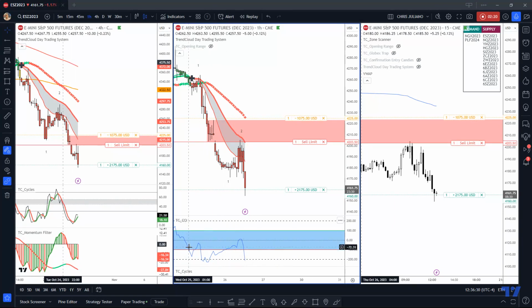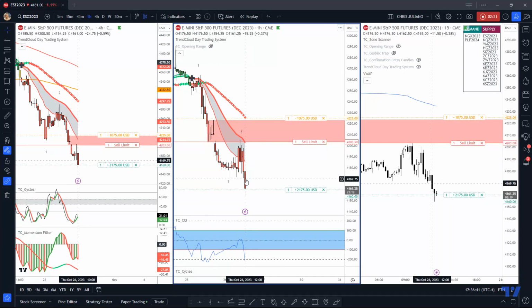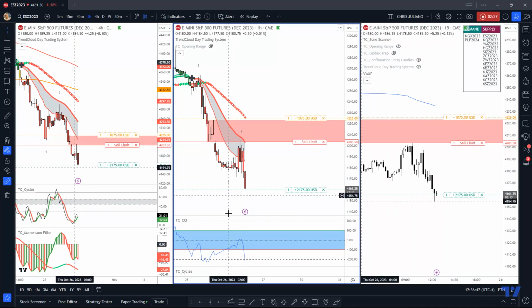We're saying if CCI crosses below negative 100 or negative 200, that the momentum to the downside is very strong on that intermediate time frame, and we want to take advantage of that in our day trade. So as CCI is pulling back to that zero line, it's also pulling back into our supply zone.